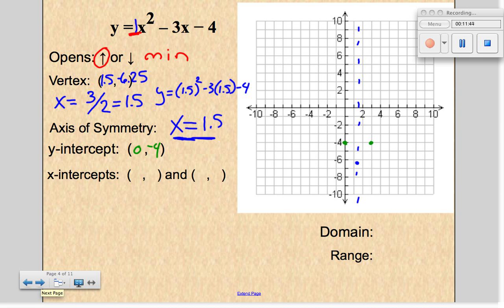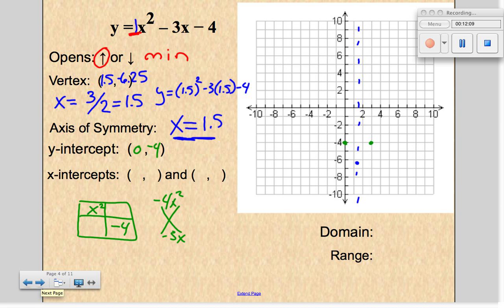All right, my x-intercepts. Now I'm going to have to do some math to get my x-intercepts. Knowing something a little bit about this one, it can be factored. So if I do a really quick generic rectangle, first term, first box, last term, last box, and then my diamond problem here, I'd have negative 4x squared and negative 3x.